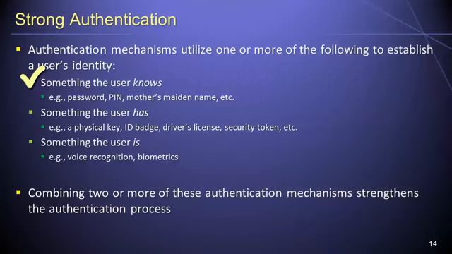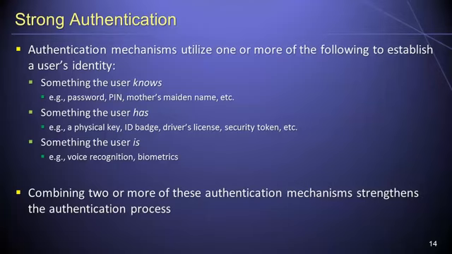This, for example, could be a password, a personal identification number, a mother's maiden name, etc. Second, an authentication mechanism might use something that the user has, that is, a physical key, an ID badge, a driver's license, a security token, etc. Third, an authentication mechanism might rely upon something that the user is. For example, it might use voice recognition or biometrics to identify a specific human being.